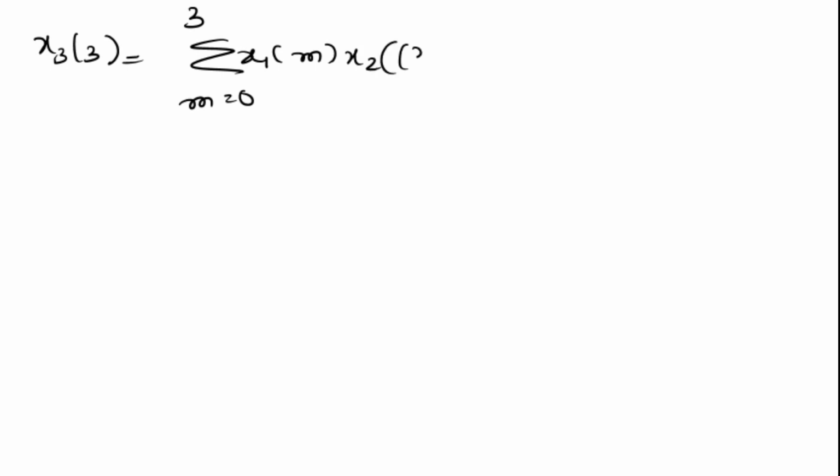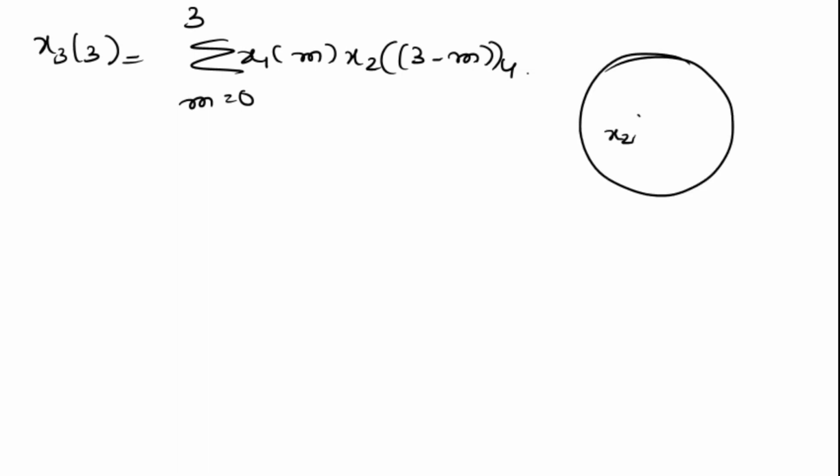Similarly, last one, x3 of 3 is equal to summation m is equal to 0 to 3 x1 of m into x2 of 3 minus m of 4. So x2 of 3 minus m of 4, signal will be 2, 2, 3, 4.